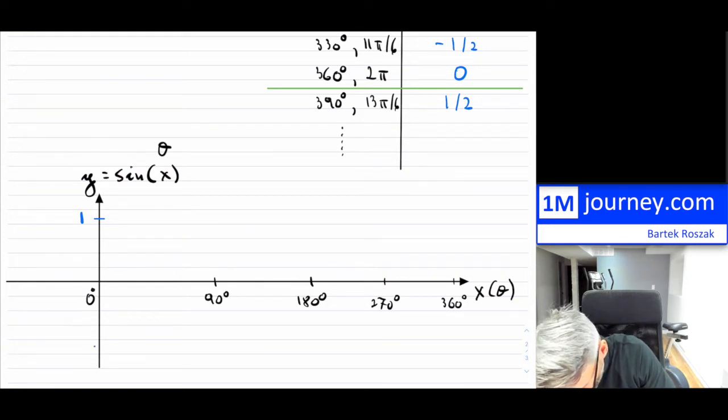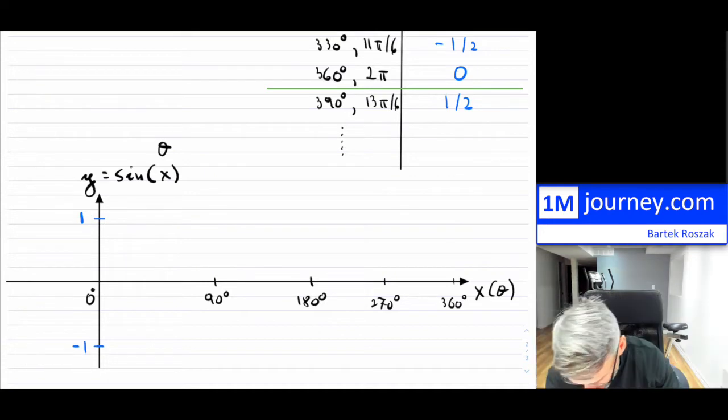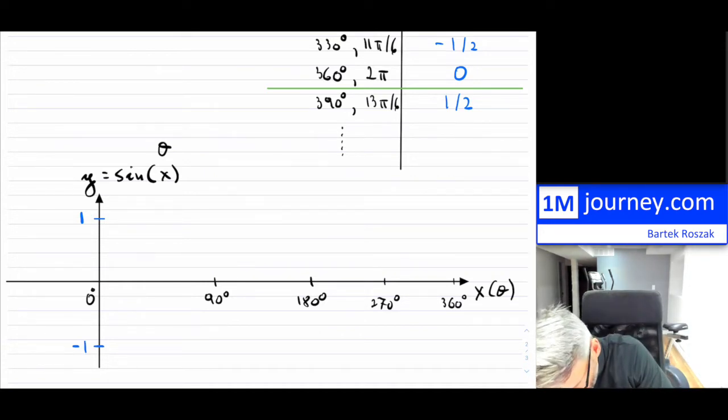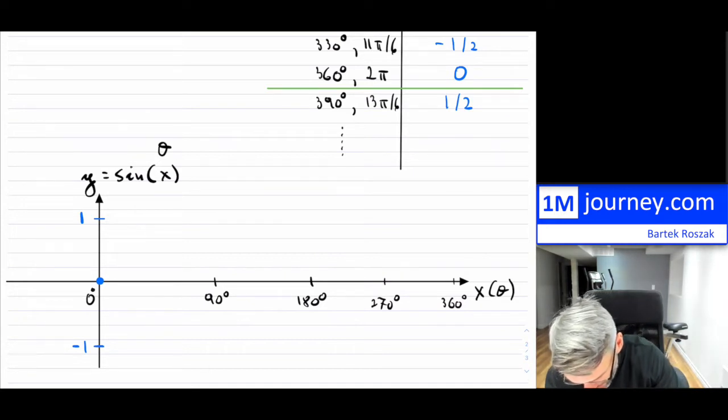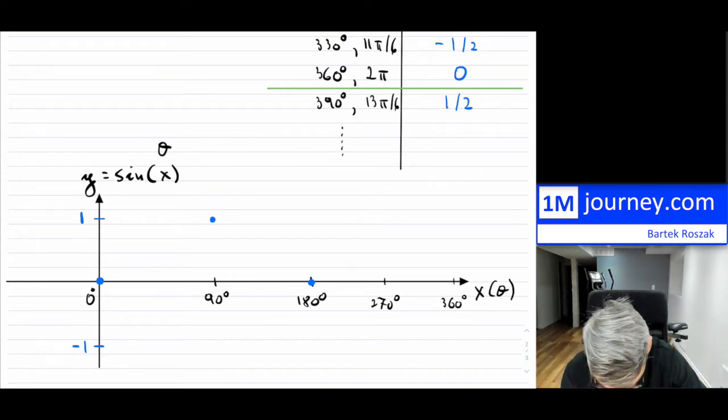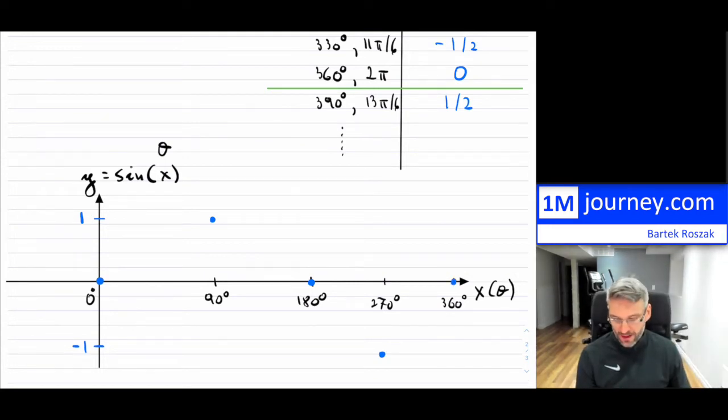I start off at sine of 0. At 90 degrees it's supposed to be 1. At 180, it's back to 0. At 270, notice that it goes to -1. And then it comes back to 0 again.